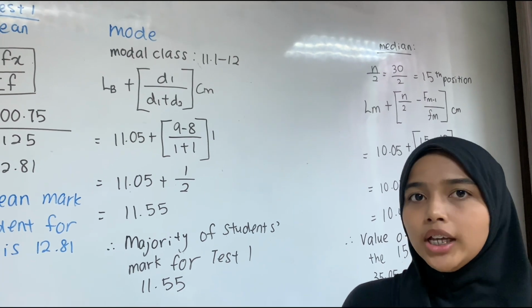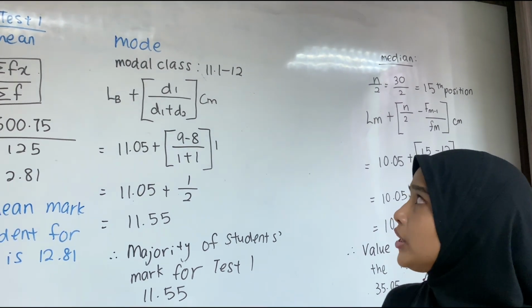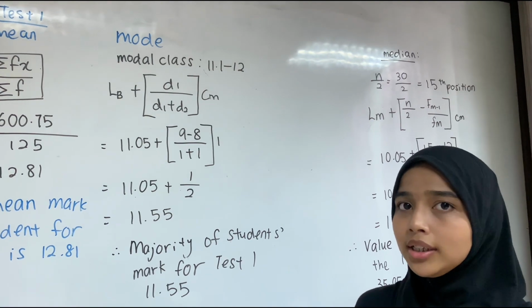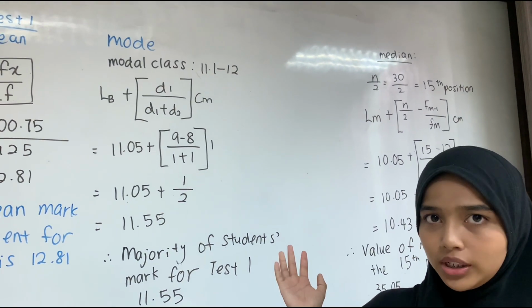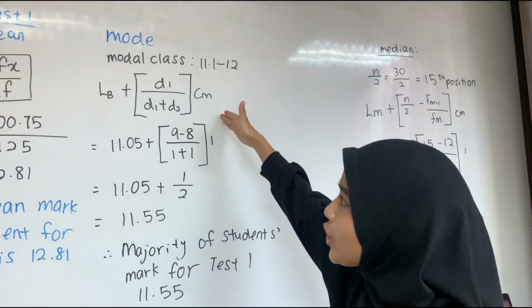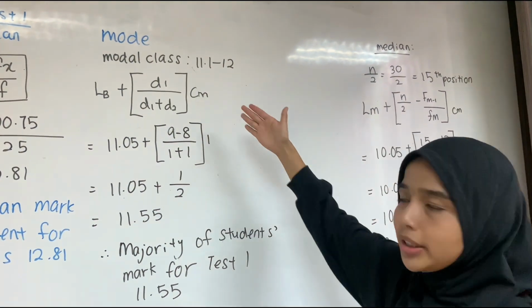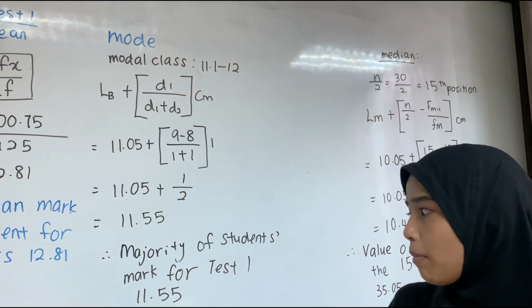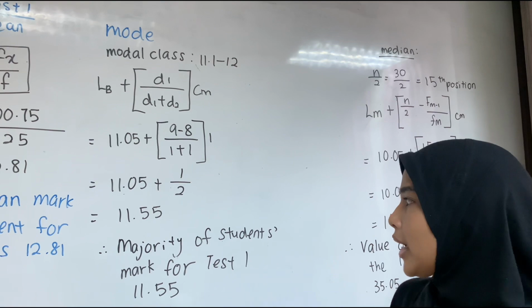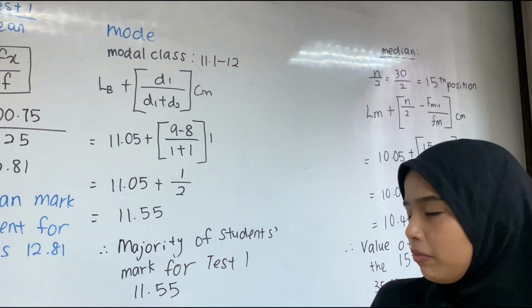We're moving on to the mode. At modal class 11.1 to 12, this is the highest number of students. So we use this formula to calculate the mode. We will get the majority of students' mark for test 1 is 11.55.